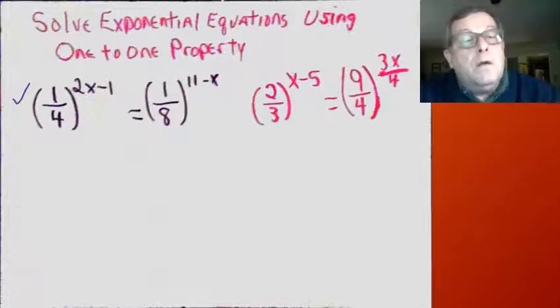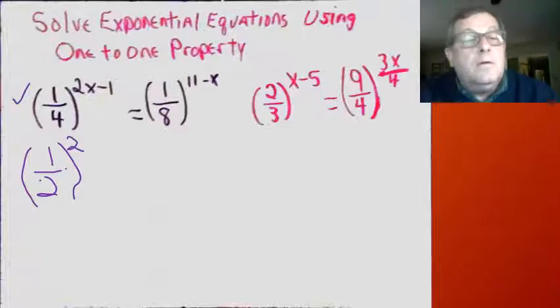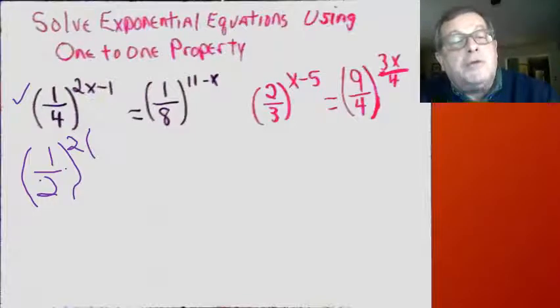I can re-express this 1/4 as 1/2 squared. 1/2 squared is 1/4. So now I've got 1/2 raised to 2 times 2x minus 1.